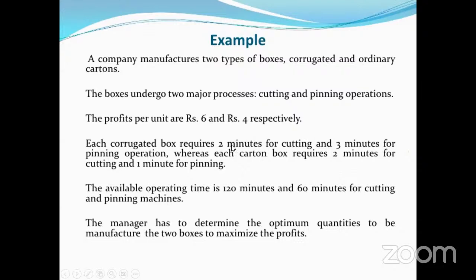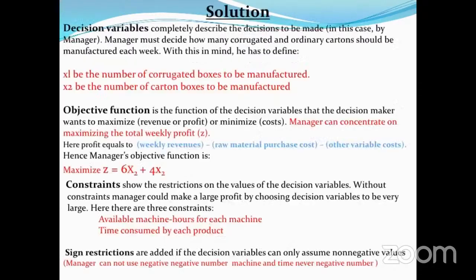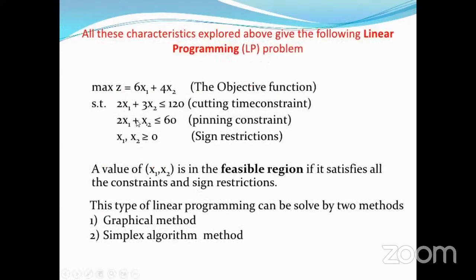For X1 as corrugated, 2 for cutting and 3 for pinning we need to take, whereas for X2 we must have 2 for the first and 1 for the next. So the equations should be 2x1 plus 2x2 less than or equal to 120, and 3x1 plus 1x2 less than or equal to 60.